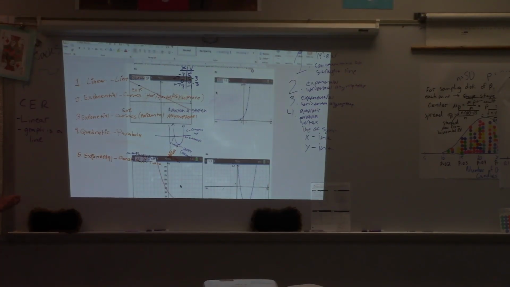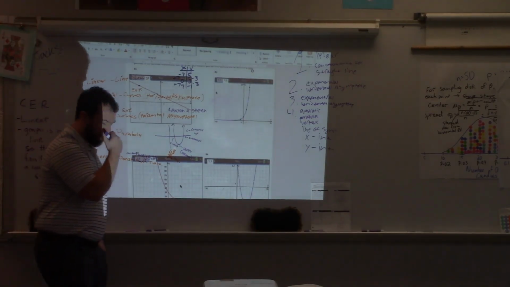Now, here's what we could then say. The function has a constant additive rate of change. But notice, I have to base my justification on the information that I have. We know that it has a constant additive rate of change because it's linear, okay?